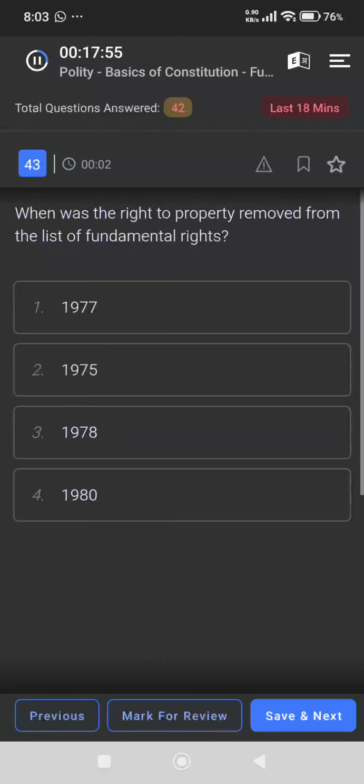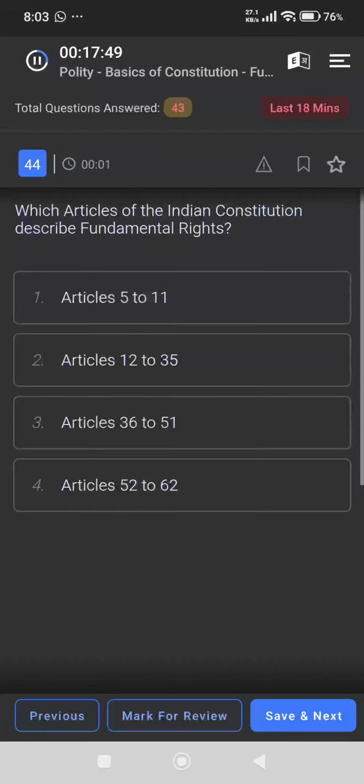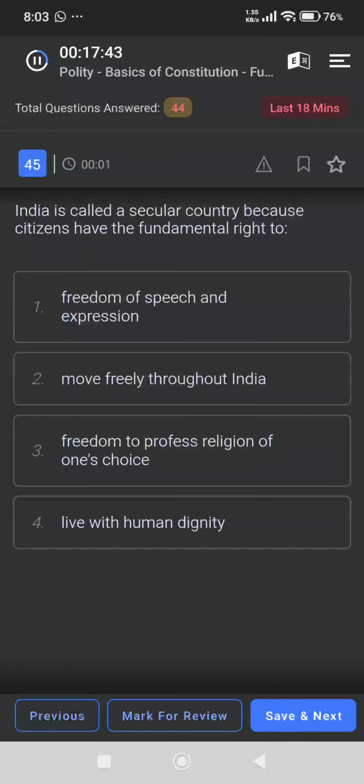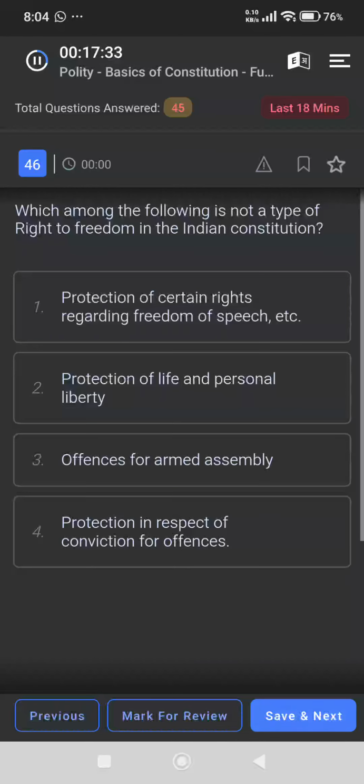When was the right to property removed from the list of fundamental rights? 1978. Which articles of the Indian Constitution describe fundamental rights? Article 12 to 35. India is called a secular country because citizens have the fundamental right to freedom to profess religion of one's choice.